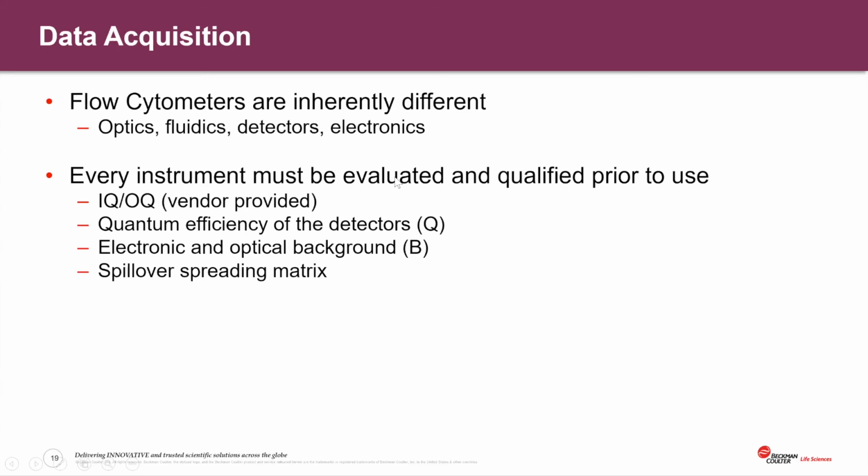And every instrument has to be evaluated. So whether you do it through the vendor qualification, IQOQ, you still have to ensure that you understand the quantum efficiency of the detectors, the electronic and the optical background, as well as the spillover spreading matrix, so that you can understand the sensitivity of your instrument and its best utility.